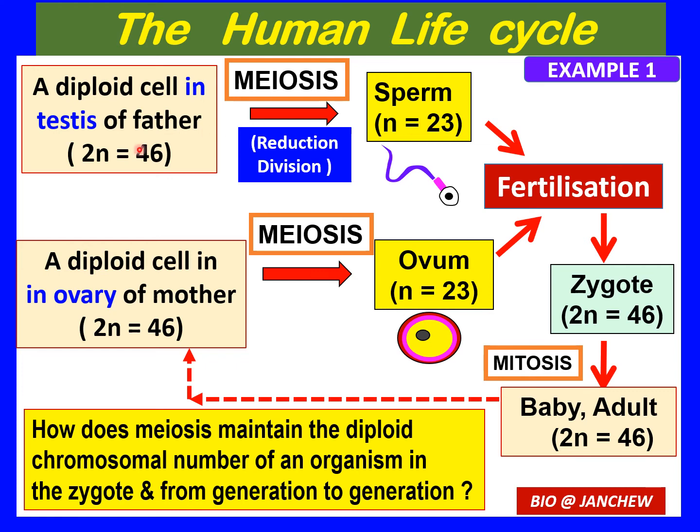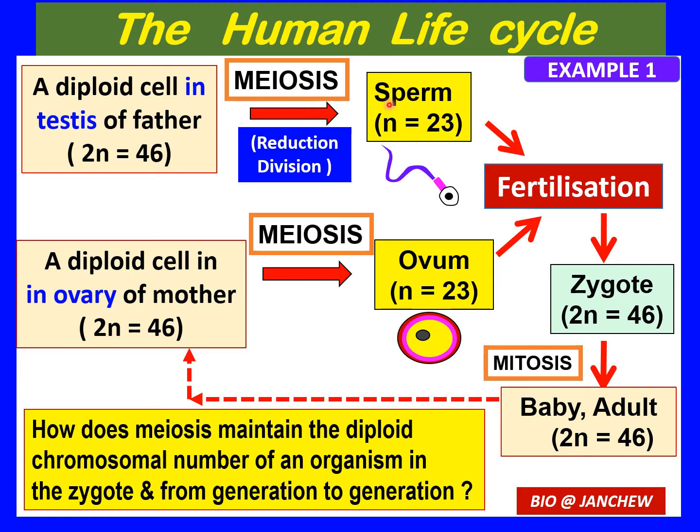In the process, the number of chromosomes is reduced from 46 to 23. The diploid cell has two sets of chromosomes, whereas the sperm has only one set of chromosomes, from chromosome number 1 to 23.